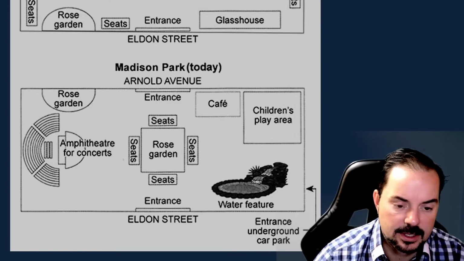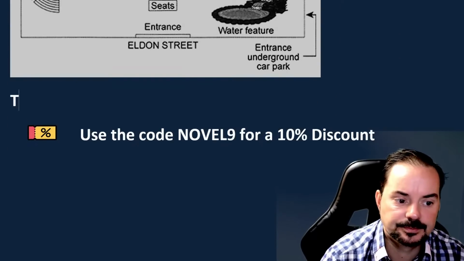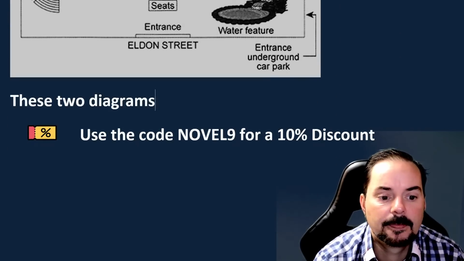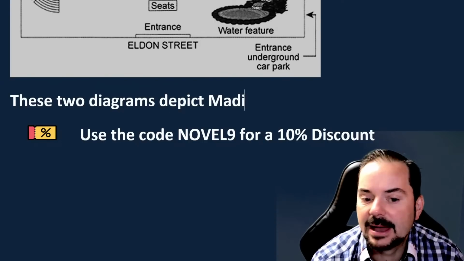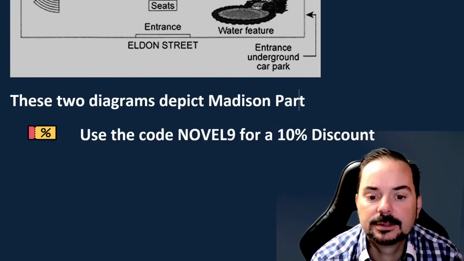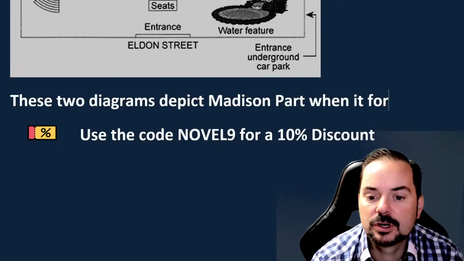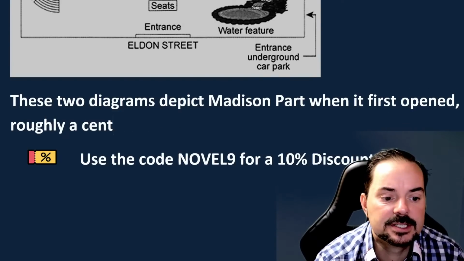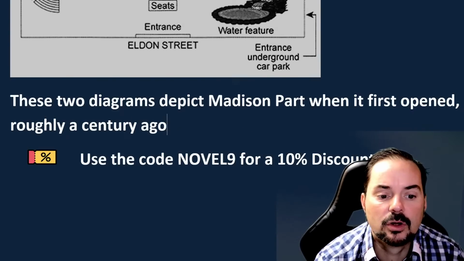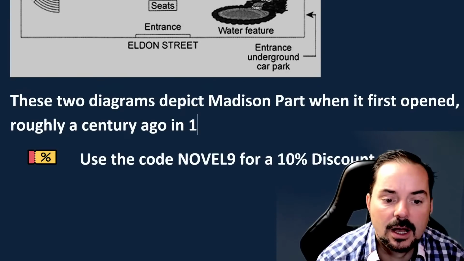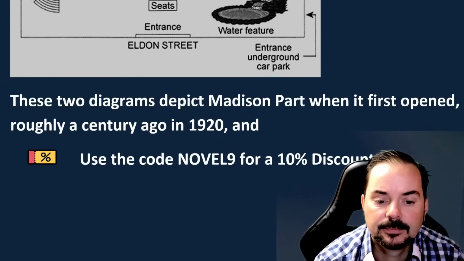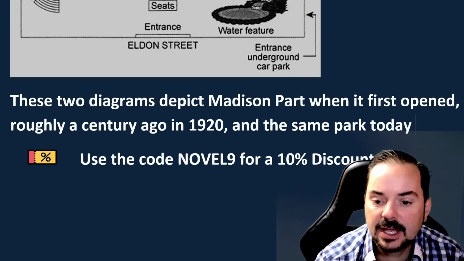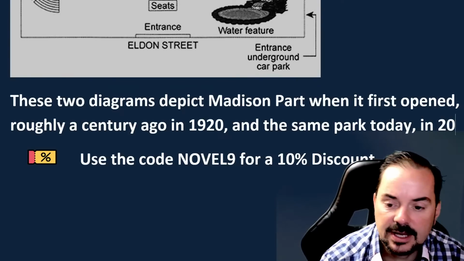Okay. So introduction. These two diagrams depict Madison Park when it first opened roughly a century ago in 1920, and the same park today in 2023.